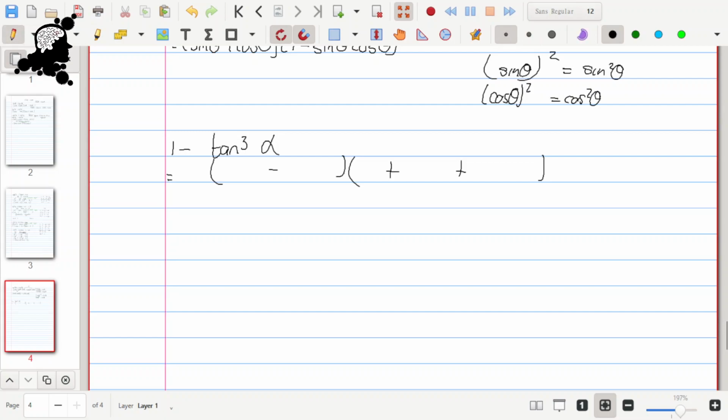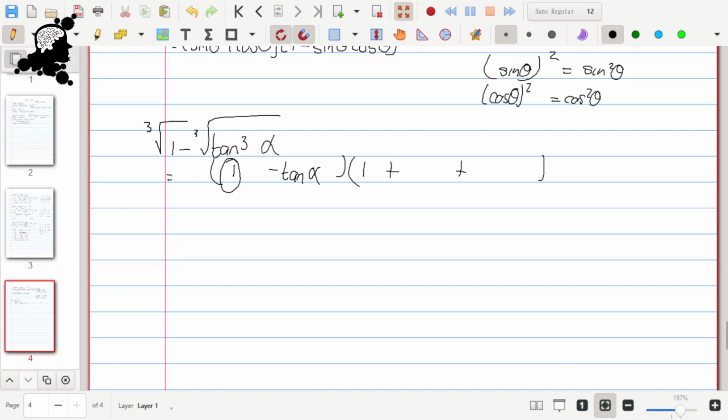Right. So now, to get the first term in the first bracket, I have to cube root the 1 and I get 1. To get the second term, cube root the tan cubed alpha, I get tan of alpha. To get the first term in the second bracket, I have to square the 1. 1 squared is 1.